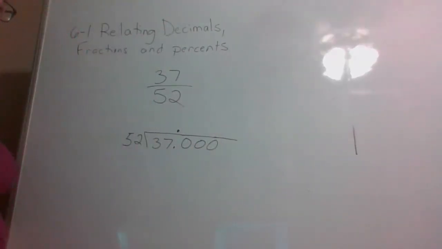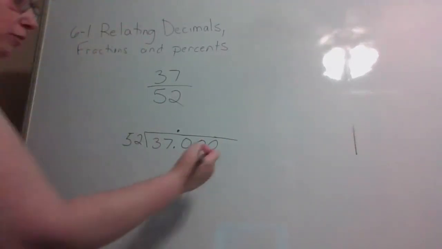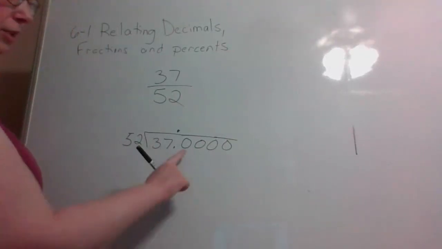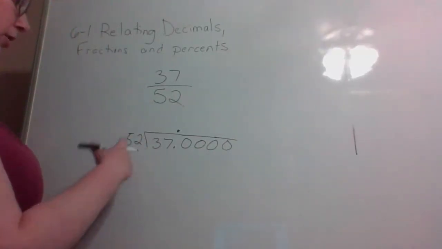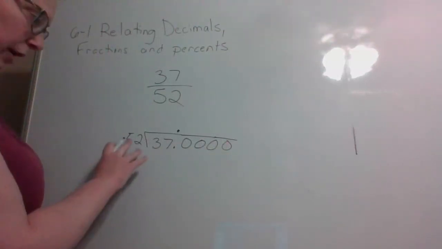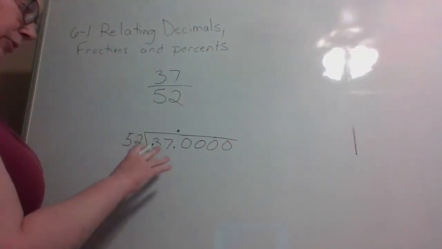Normally, when you're asked to get a percentage, you're asked to go to the nearest tenth of a percent. So what that means is you're actually going to need 4 decimal places, and I'll show you why.